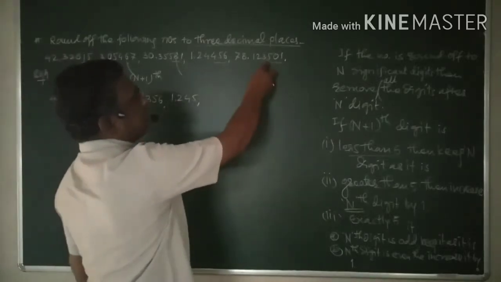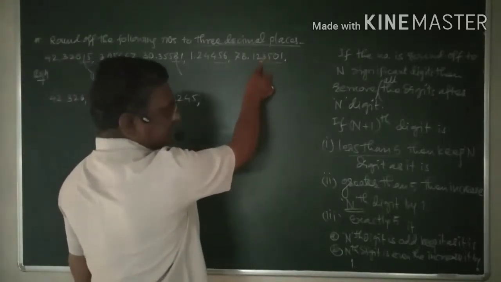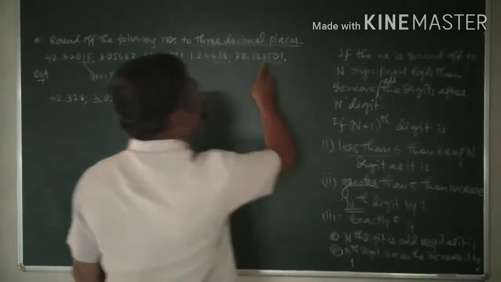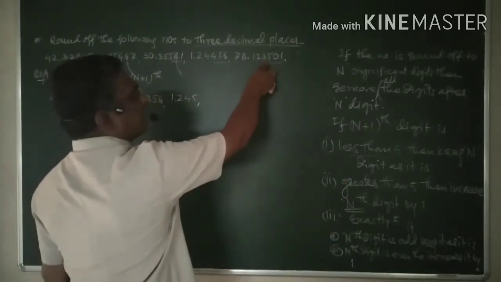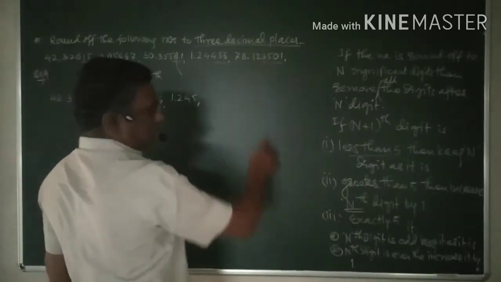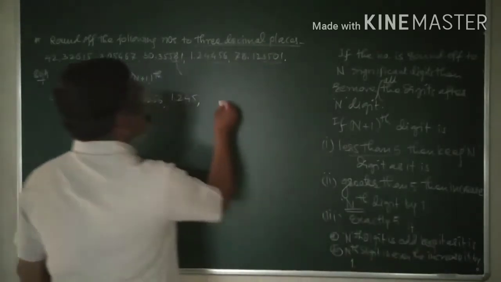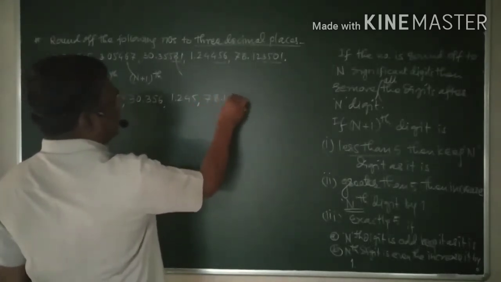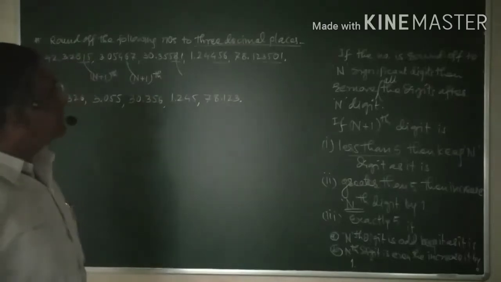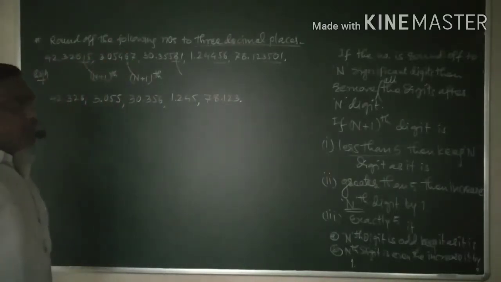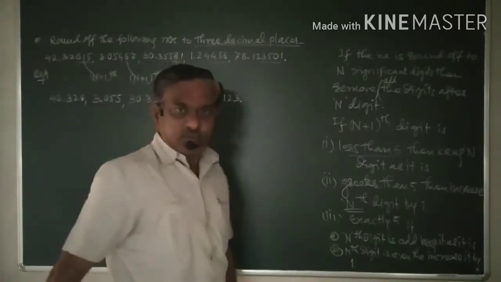And the last is exactly 5 and the nth digit is odd. The n plus 1th digit is 5 and the nth digit is odd, therefore you need to keep it as it is, and hence 78.123.